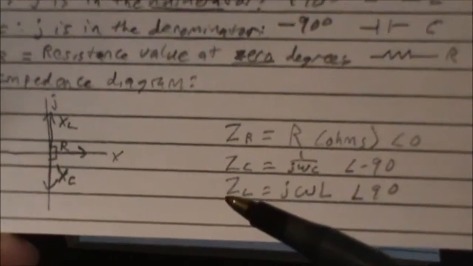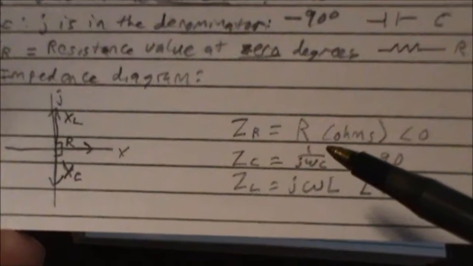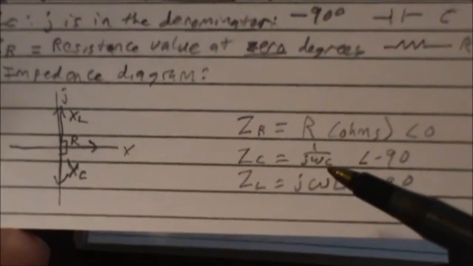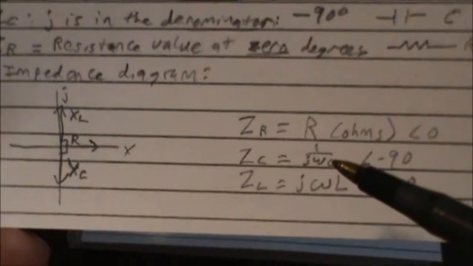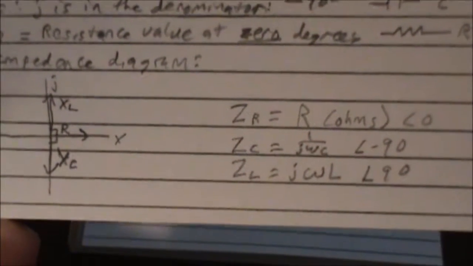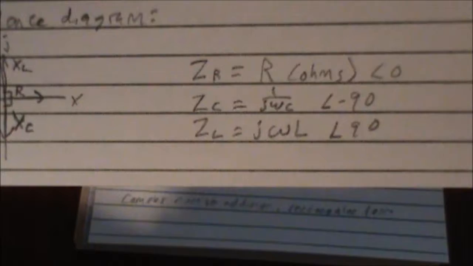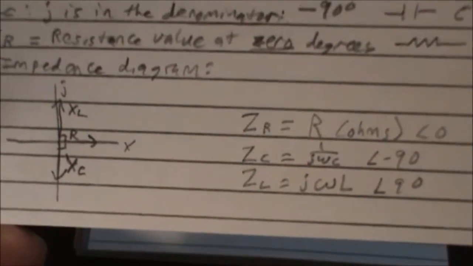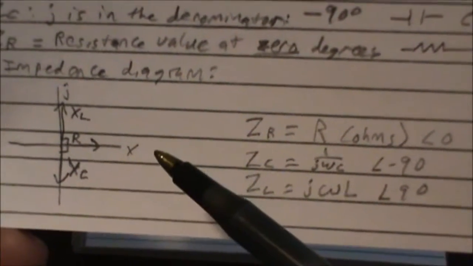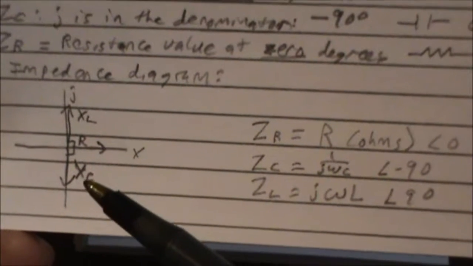Impedance of a capacitor is our 1 over j omega C, which, as we just reviewed in a previous card, is the reactance of our capacitor at an angle of negative 90 degrees.